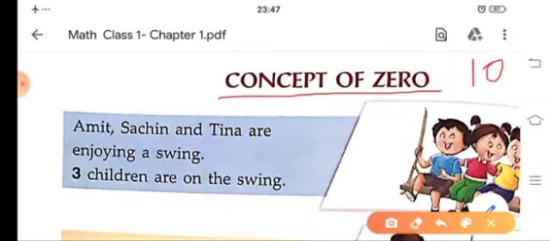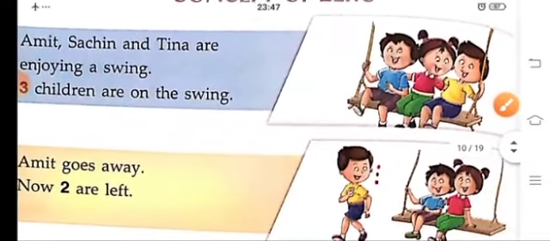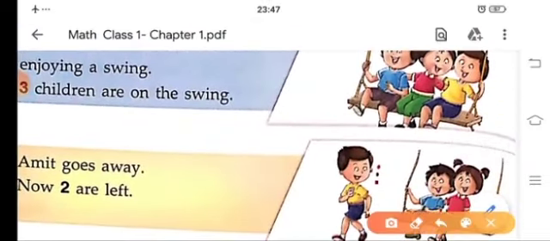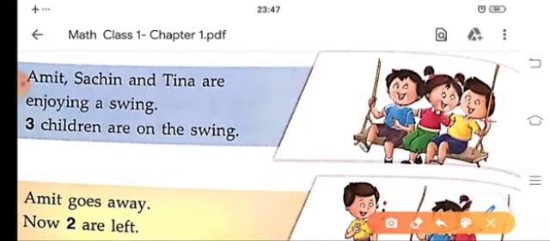Here also, children, as you see, 3 children are on the swing: Amit, Tina, and Sachin. Okay, children?